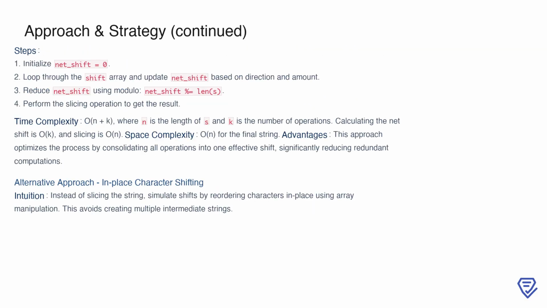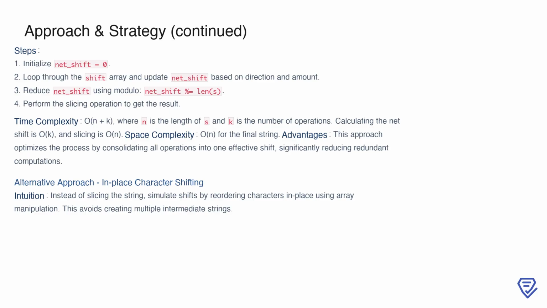To implement the optimized approach, we start by initializing a variable to keep track of the net shift. As we process the input array of shift operations, we adjust this net shift based on the direction and amount specified in each operation. Once all operations are accounted for, we reduce the net shift using modulo to ensure it remains within the bounds of the string's length. With the effective shift calculated, we perform a single slicing operation to rearrange the string.